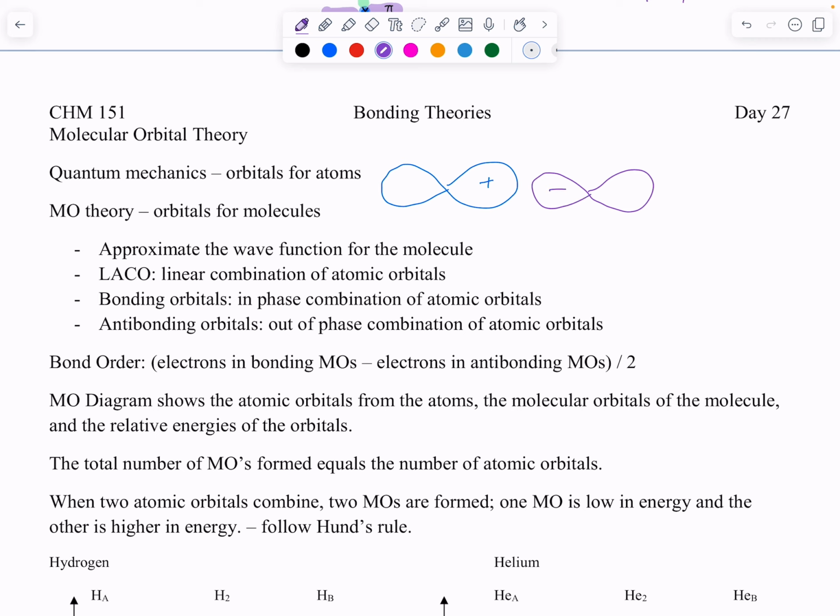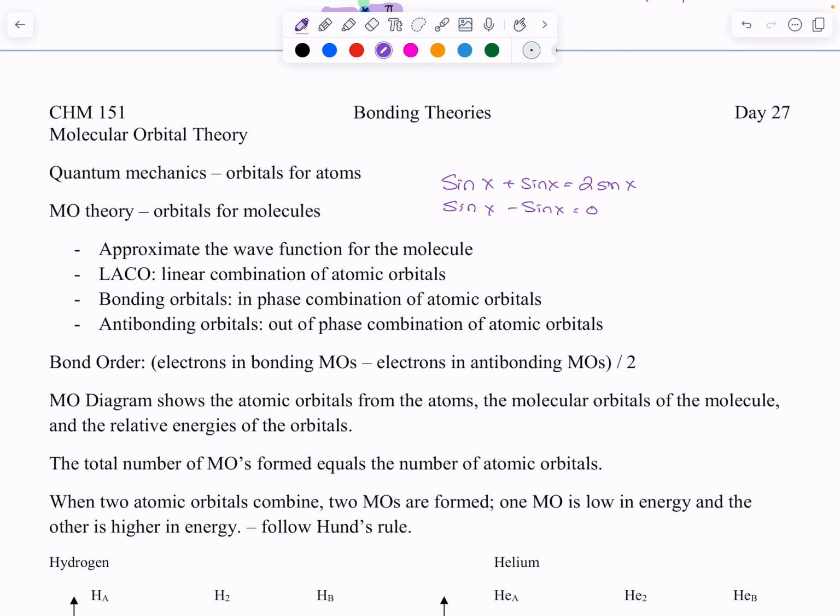A better way to say it would be sin x plus sin x is 2 sin x. However, sin x minus sin x is 0. And so it just depends if we're in phase or out of phase.